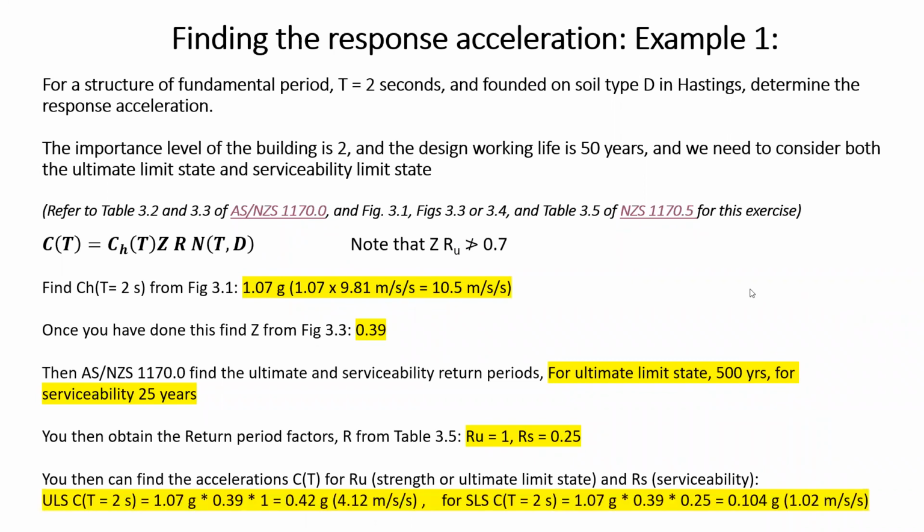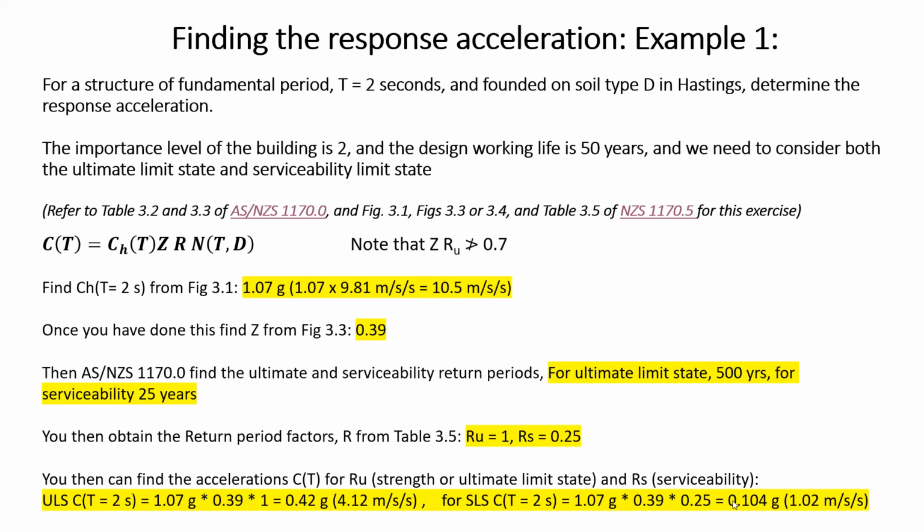Okay, guys, putting it all together, you've got the ultimate limit state for a period of 2 seconds equals 4.12 meters per second or 0.42 G. And for the serviceability limit state, for the same building of 2 seconds period, you got 1.07 G times 0.39, which is the same as here, but this time your return period factor is different.